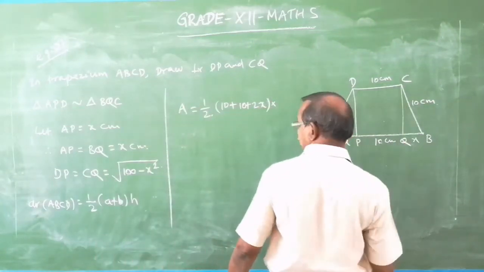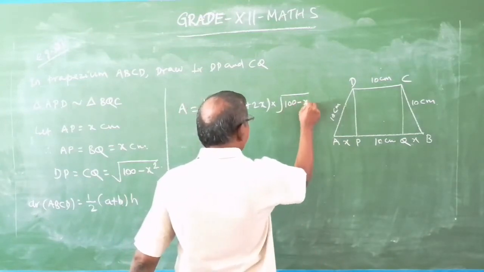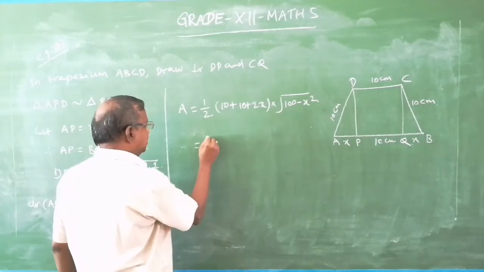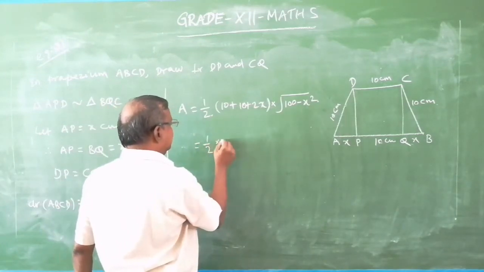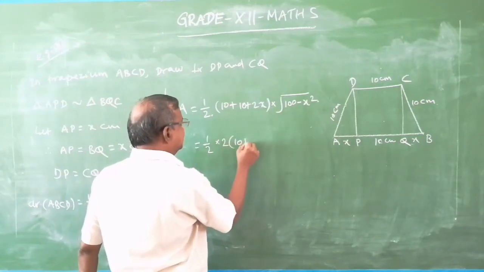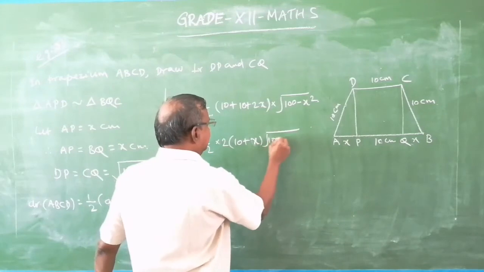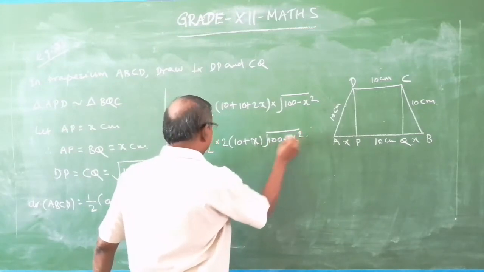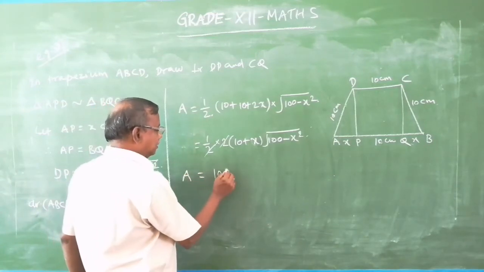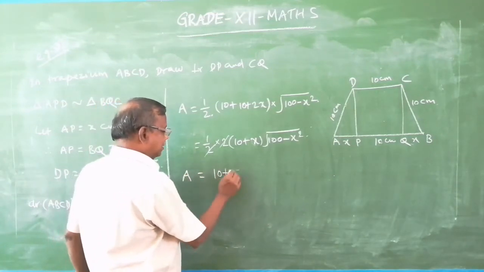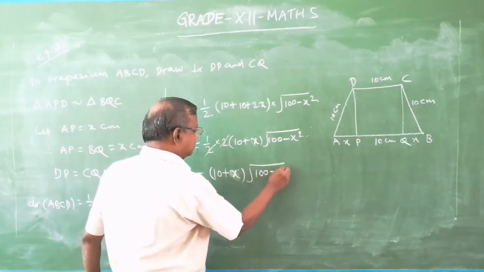Altitude is root of 100 minus x square. So this is half into (20 plus 2x), that is 2 into (10 plus x), into root of 100 minus x square. Therefore A equal to (10 plus x) into root of 100 minus x square.